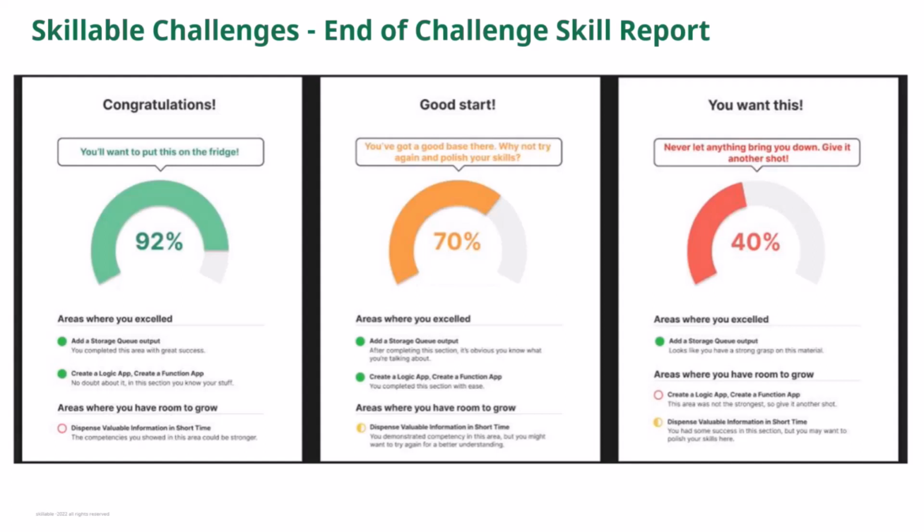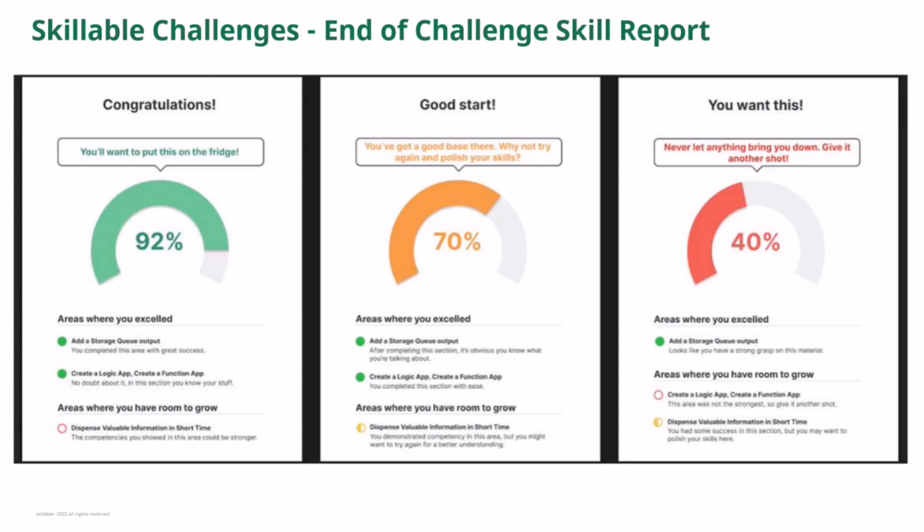And just as Kyle alluded to, this is feedback. We let the students know how they did. If you look at that top meter, that's the overall challenge, based on the totality of the requirements that they had to perform within the challenge.